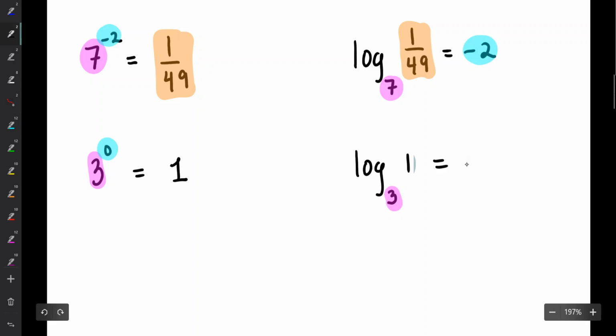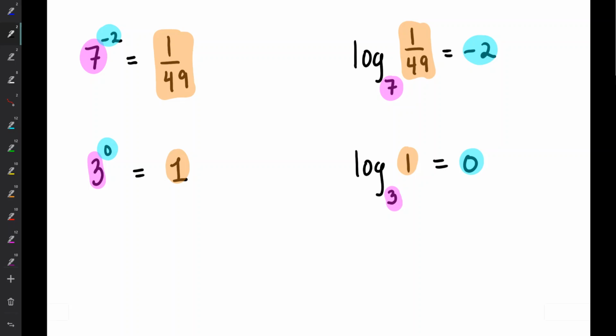Log base 3 of 1 is 0. I'm so sorry. The log is going to spit out the exponent. It actually doesn't make sense to have a logarithm take in 0 because an exponent will never spit out 0. I apologize for my misspeak. So let's do 2 more because I misspoke.